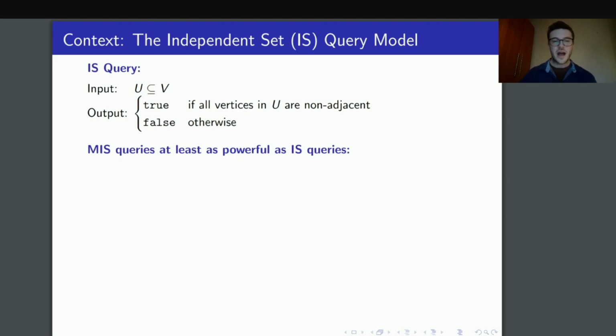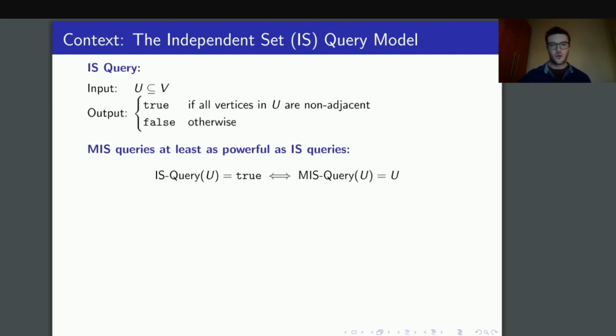And we can see that maximal independent set queries must be at least as powerful as independent set queries. This is due to the fact that an independent set query can be answered by a maximal independent set oracle: if we send our subset to a maximal independent set oracle, and the returned independent set has the same size as the subset queried, this would correspond to an independent set query oracle returning true.